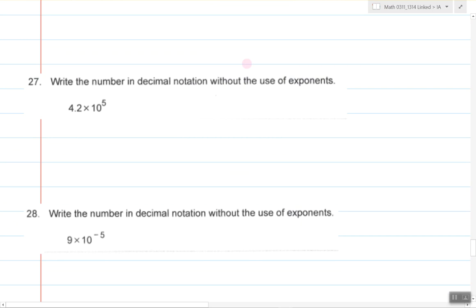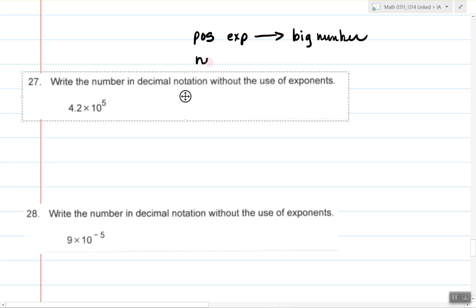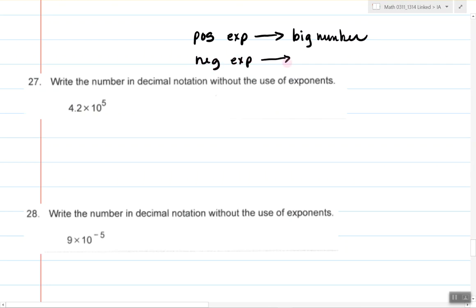Just remember that when you have a positive exponent, that means, and this is just casual language, big number. When you have a negative exponent, and you know that that usually means things go into the denominator, and what happens is you have a tiny decimal.